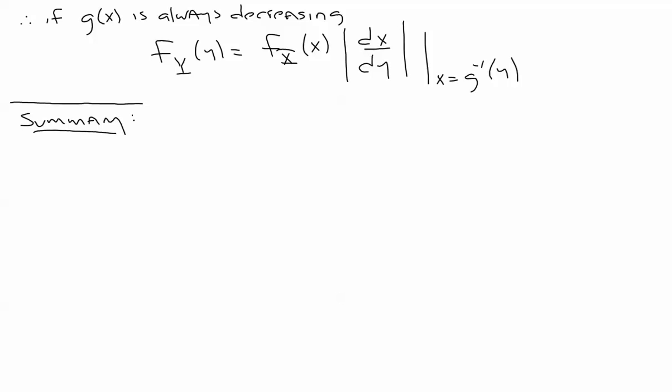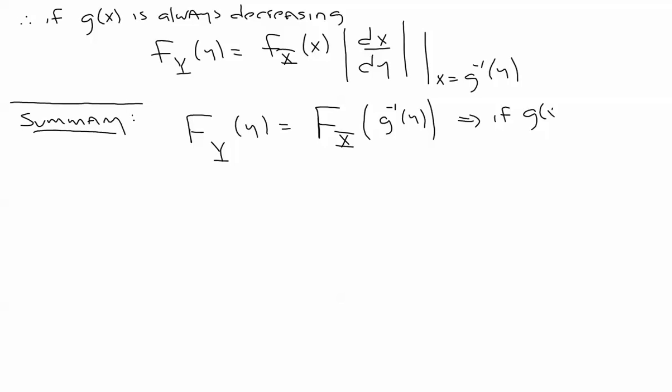I have the following relationships. The cumulative distribution function for y equals the functional form for the cumulative distribution function for x, where everywhere I substitute in x equals g inverse of y. This is a true relationship if g of x is an always increasing function.